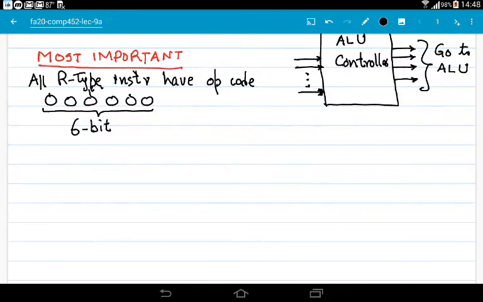So all R type instructions have an opcode of 000000. Good.